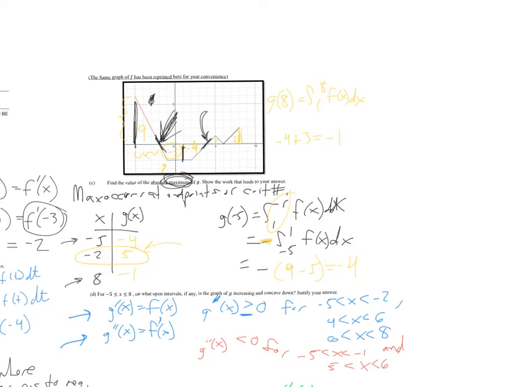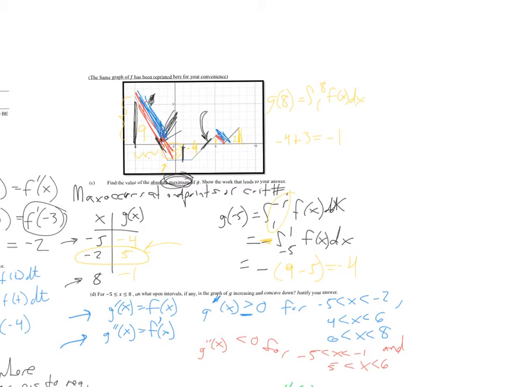g double prime of x being negative, or concave down, would have to be less than 0. So that means that f prime of x, or the slope, would have to be less than 0. Well, where is the slope less than 0? The slope is less than 0 when it's negative. So I've got these intervals here where it's negative, and what I'm highlighting in blue is where it's above the x-axis.